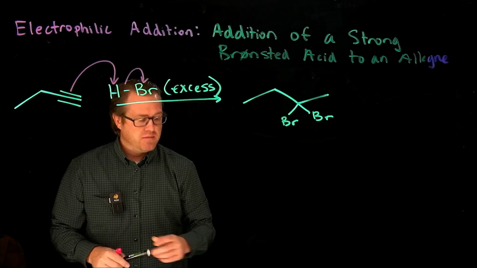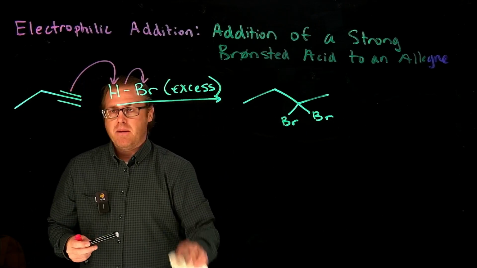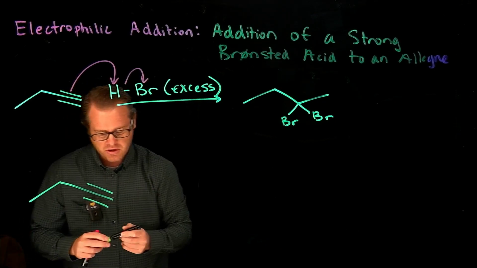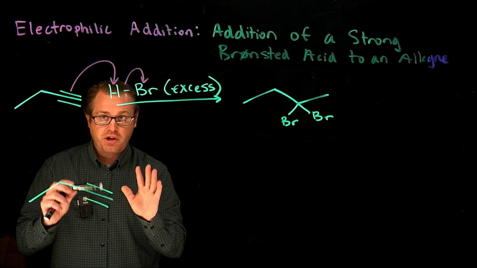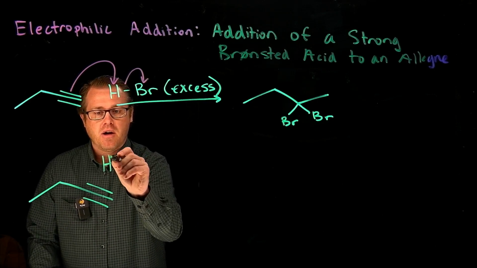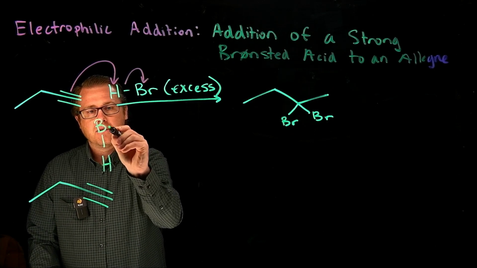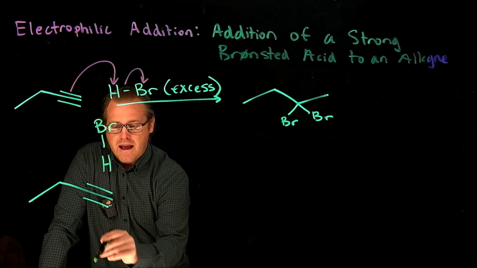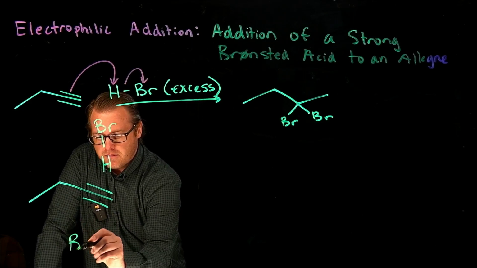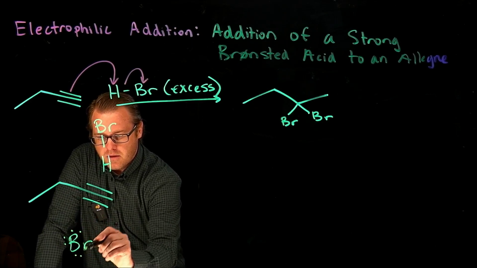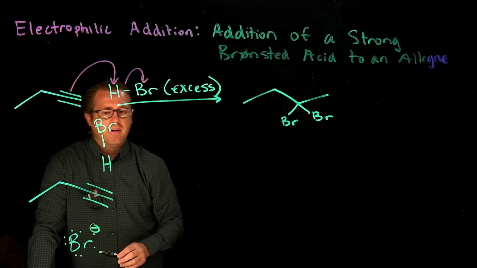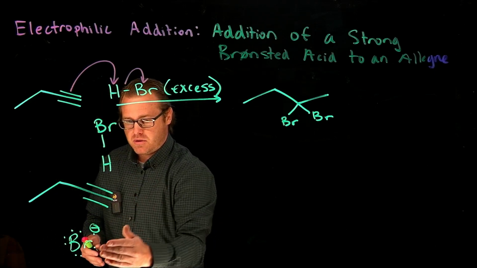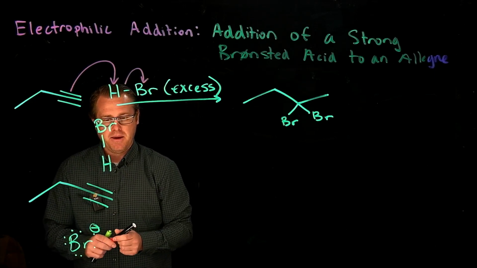So the mechanism that we can invoke, and I'm going to redraw this molecule down here just to have a little better approach to it, is where we're going to take two molecules. We're going to take our HBr. I'm going to draw it like this, just to orient it in that direction there. And then we're going to have another bromide. There's our other bromide right there. Okay? And so what's going to happen now is we're going to use three molecules in this mechanism all at the same time.